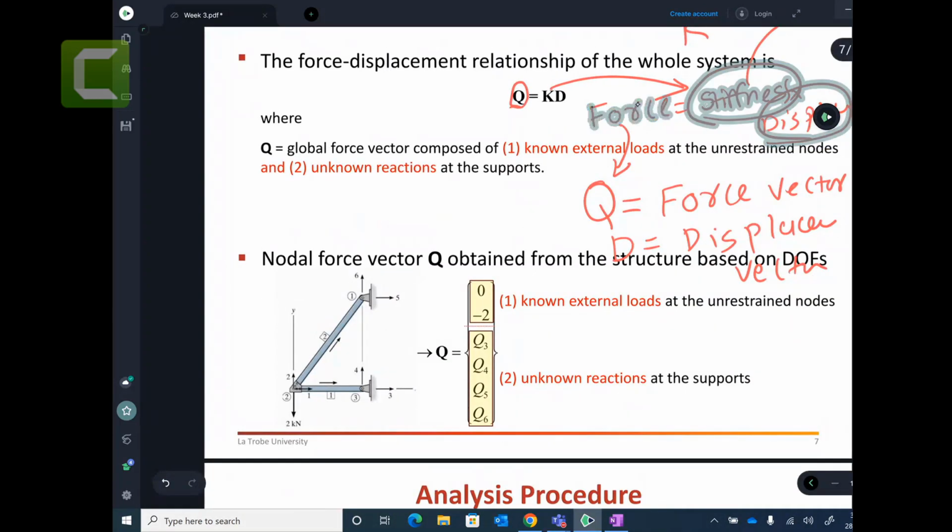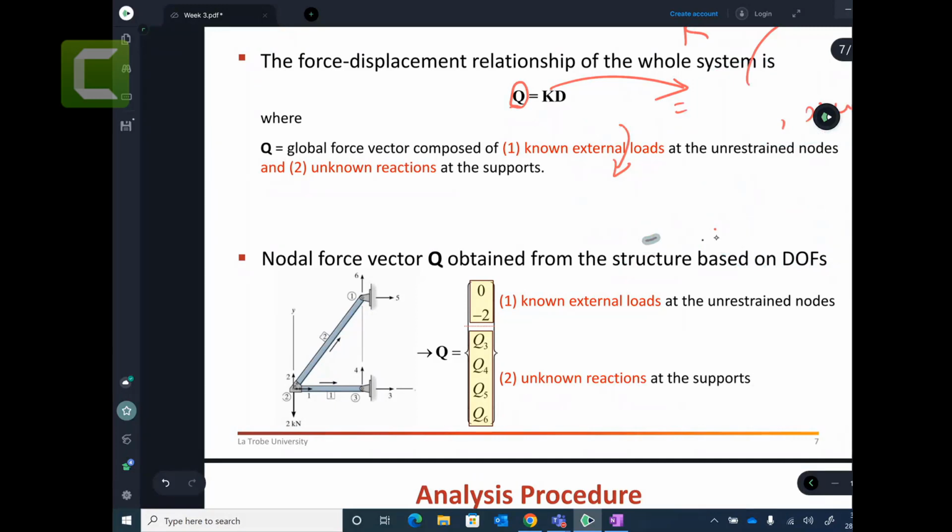Last week we did the stiffness matrix, which is the capital K. This week we're going to do capital Q, which is the force vector, and the displacement vector, which is the capital D. Now Q is a global force vector. As I mentioned, I explained global coordinate systems and local coordinate systems last week. The whole truss system has a global coordinate system, which has one system like X and Y, sitting somewhere at 0, 0.